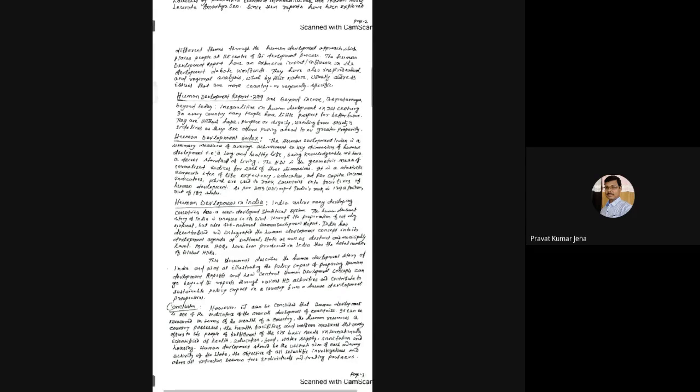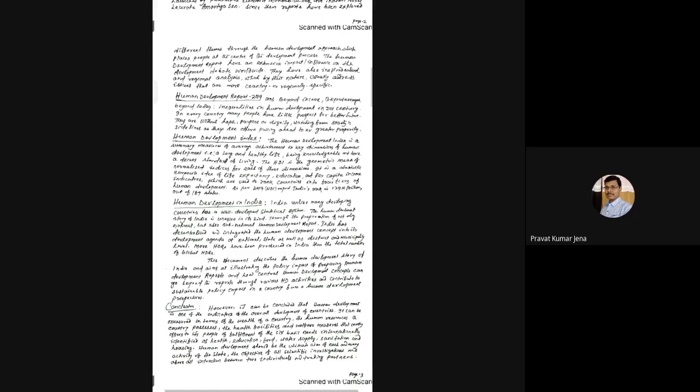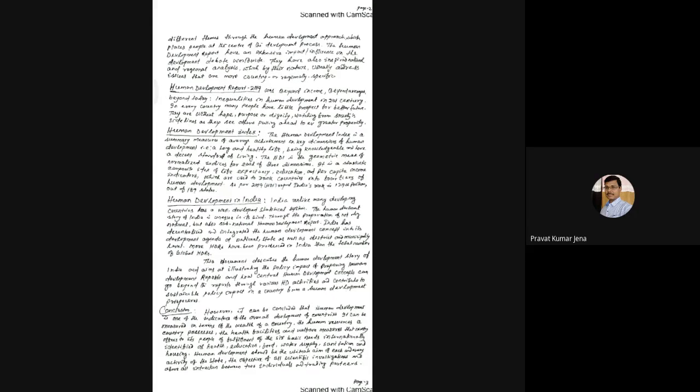The human development reports have an extensive impact and influence in the development debate worldwide.